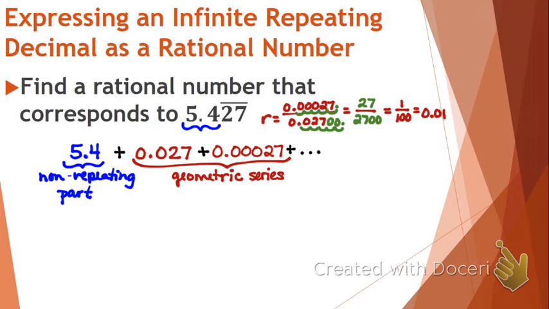Is that R value smaller than 1? Pretty much. So if the absolute value of R is less than 1, what can I do with this? Yes, I can find the infinite sum.